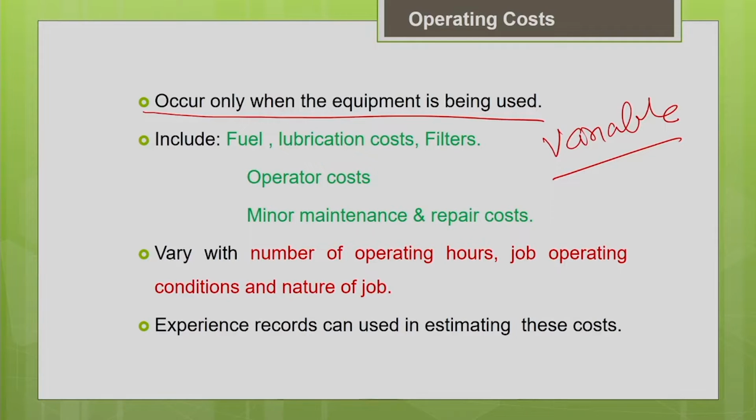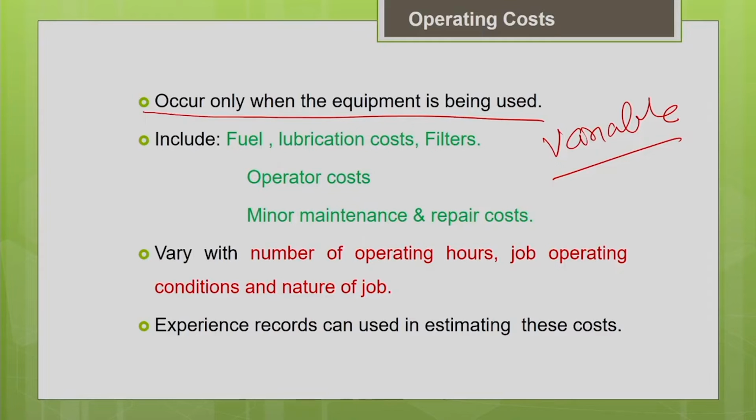First, let us see what the components of the operating cost are. Basically, you have the consumables: fuel, lubricating oil, filters, grease and all the other small components which get consumed during equipment operation. This forms a part of the operating cost. Then the wages you pay the operator are part of the operating cost.